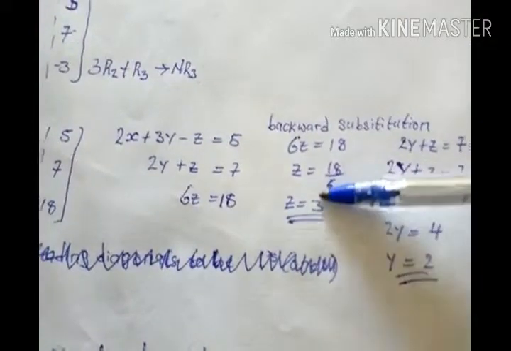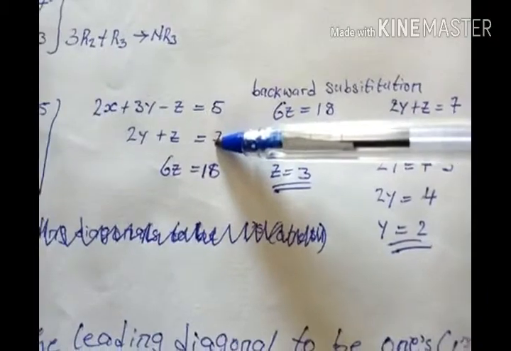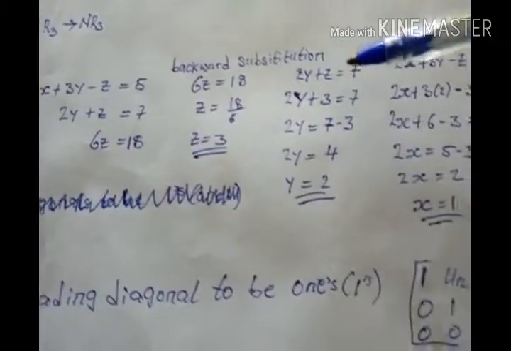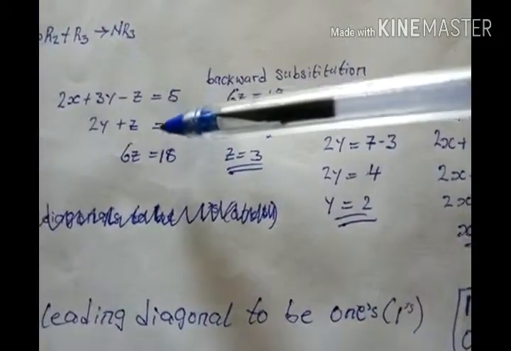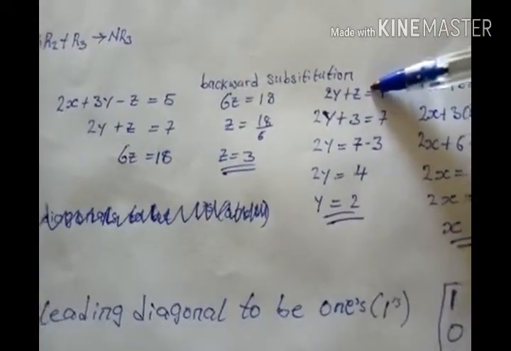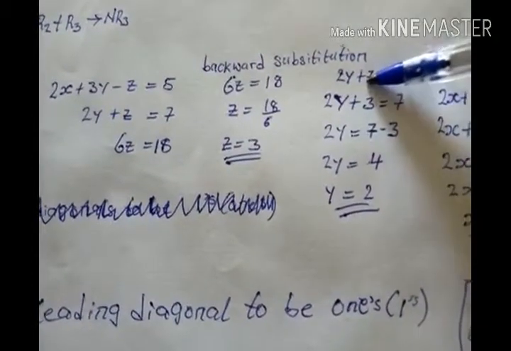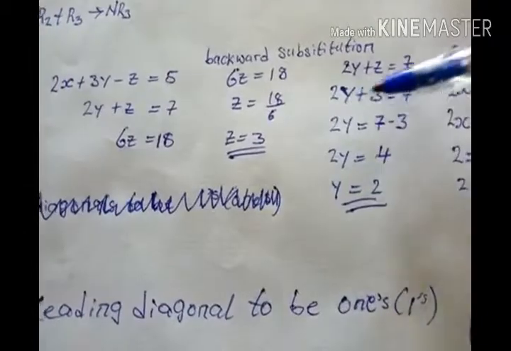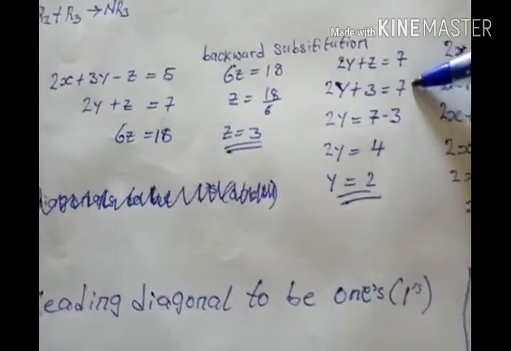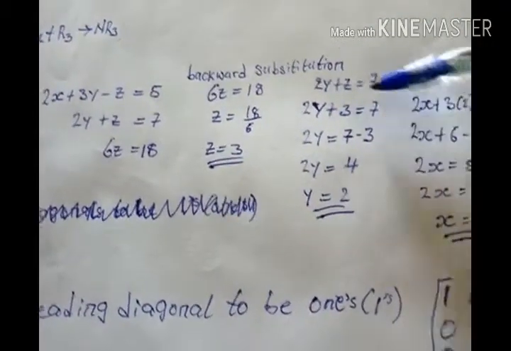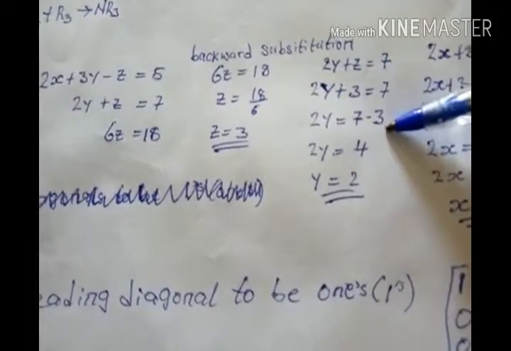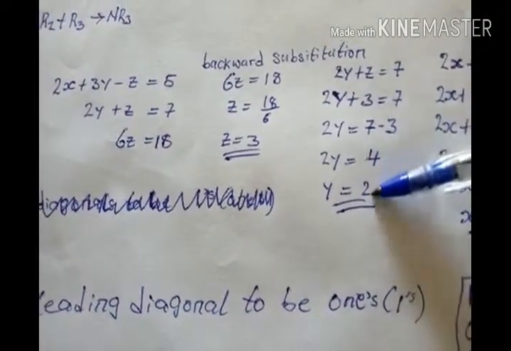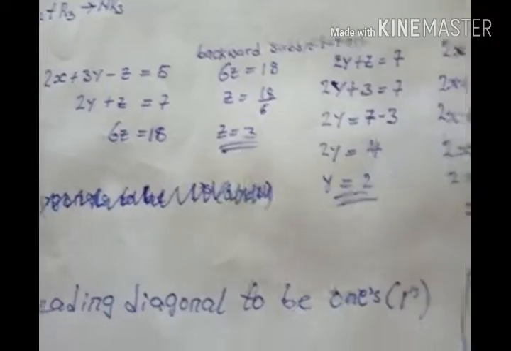So I will now use the value of z as 3 to find the value of y in equation 2. I've taken equation 2 as it is here. So my 2y is here, my z, already I've known the value of z to be 3. I put my 3, and then the 7 is here. Alright, so I'll collect like terms, and as you know, your y will be 2.